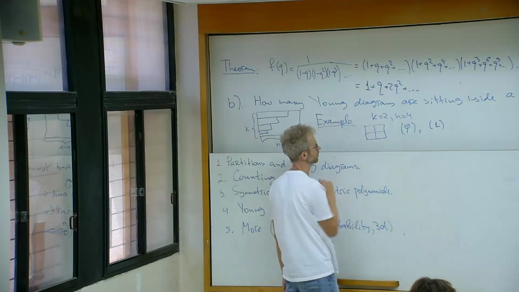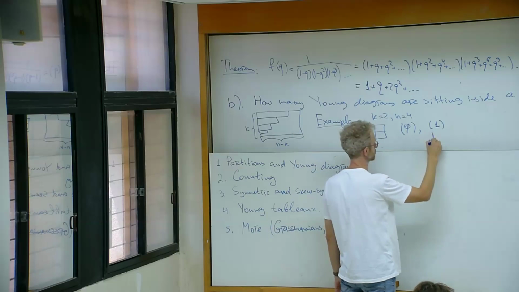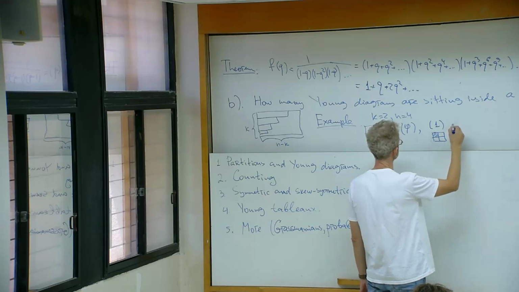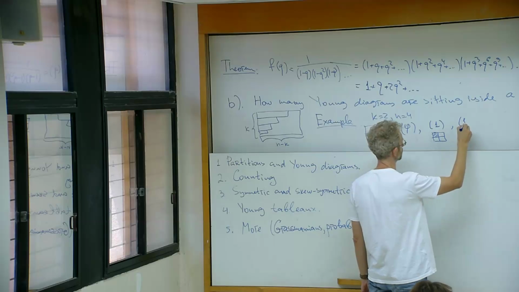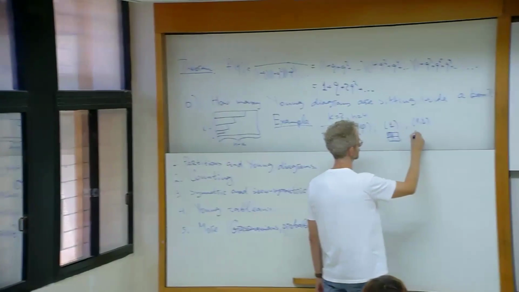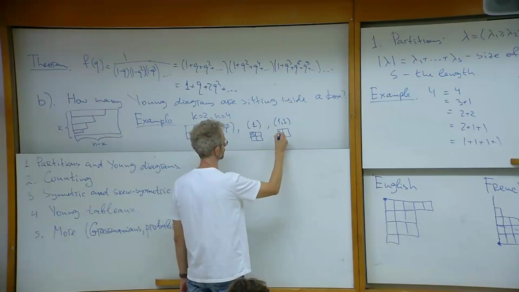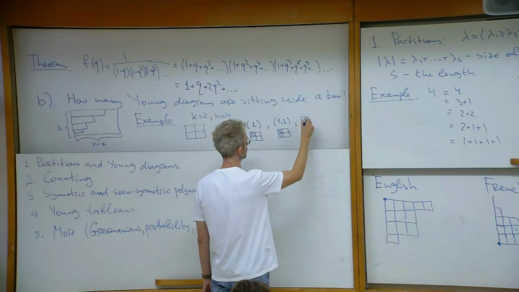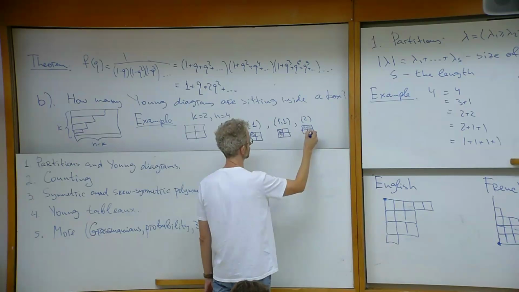Then you can take partition 1, which corresponds to one box. Draw it here. Then there is 1, 1. Then there is the 2, which corresponds to one row of two boxes.